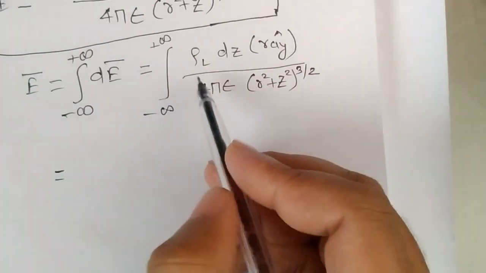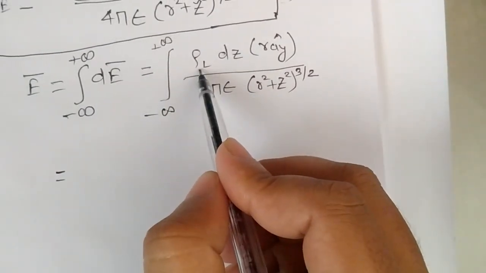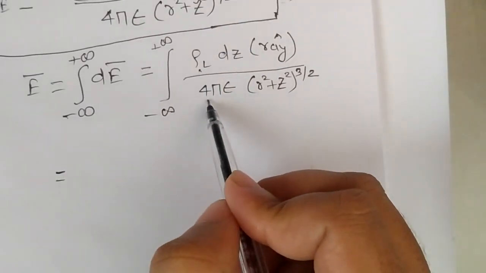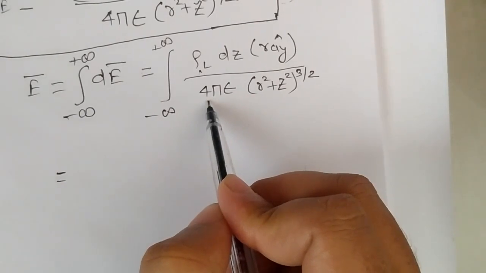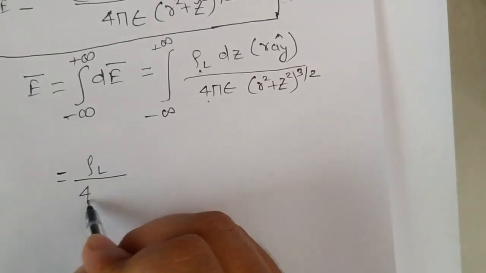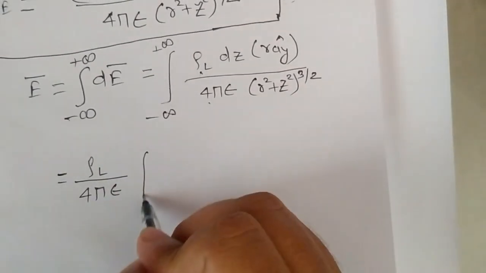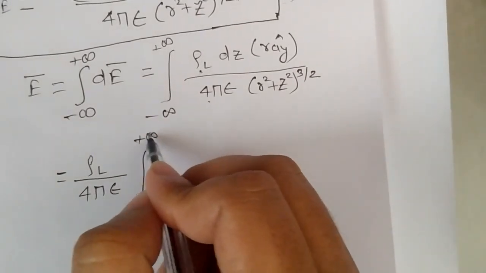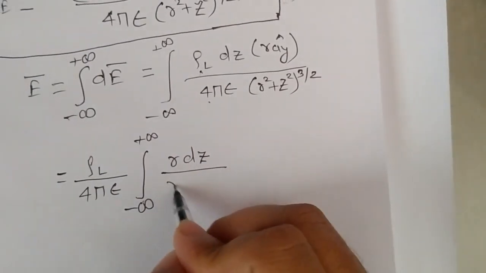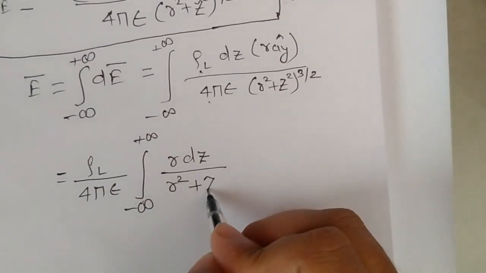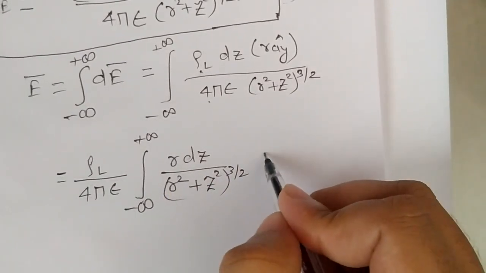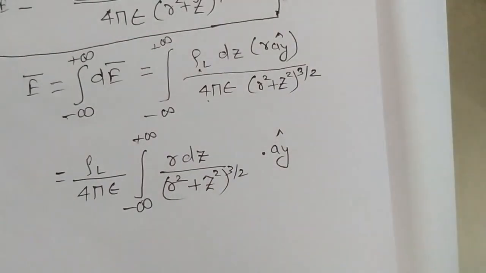Since in this equation rho L is constant, and 4 pi epsilon 0 is also constant, they can be taken out of the integral sign, leaving behind the integral from minus infinity to plus infinity of R dZ divided by (R square plus Z square) raised to the power 3 by 2, and this whole thing is multiplied by the unit vector a cap.